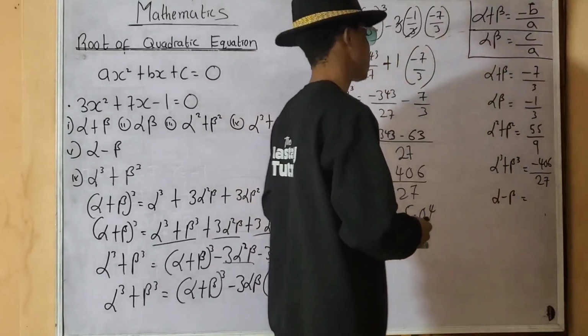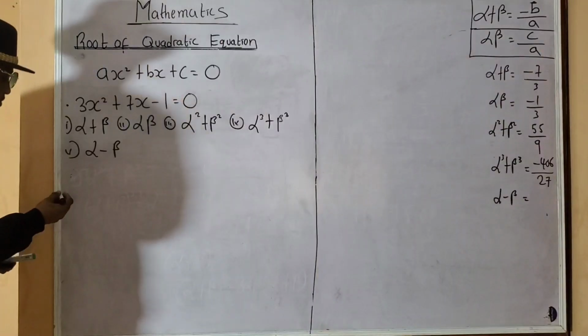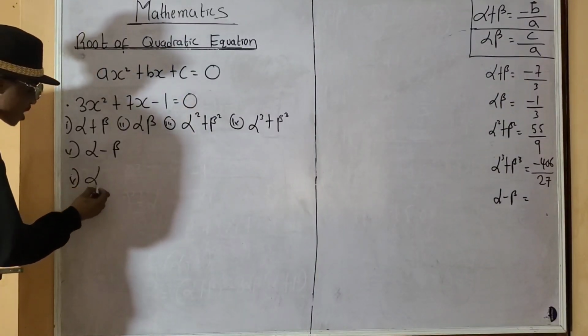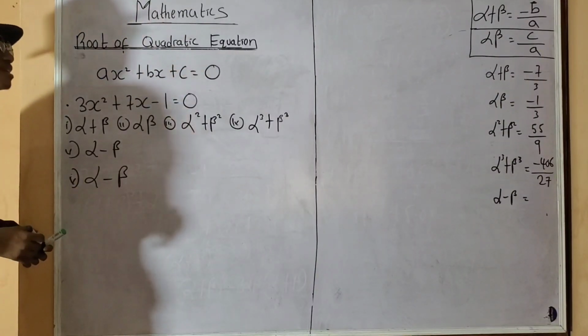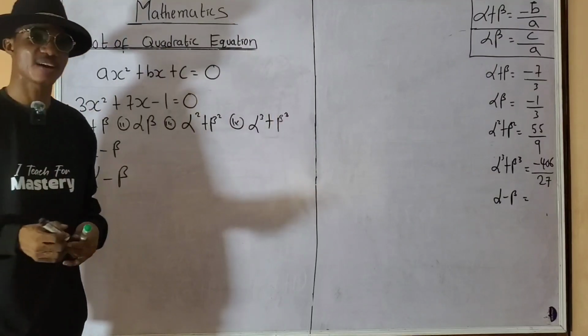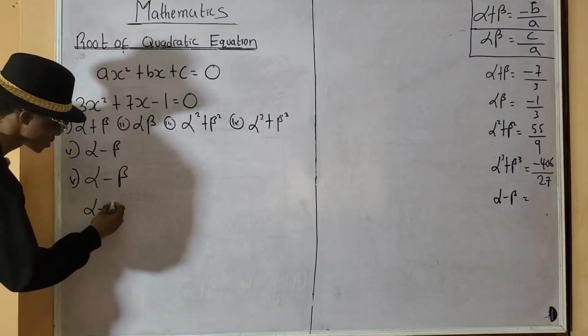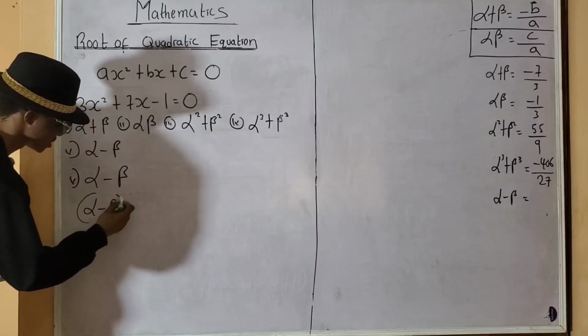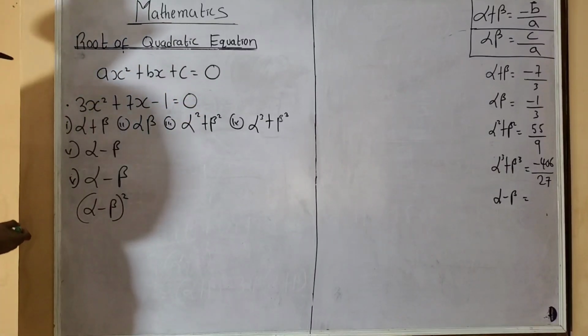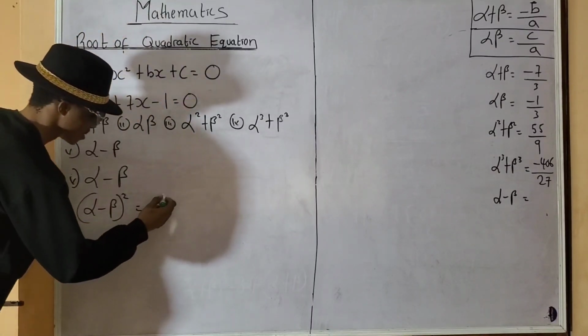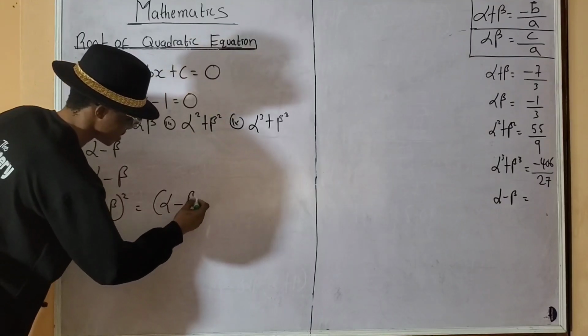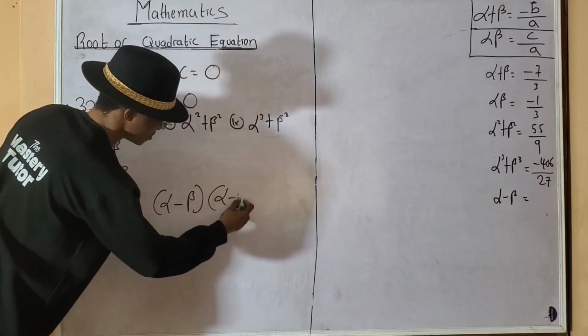Okay. Now let us proceed to the fifth question. For the fifth question, we are asked to find alpha minus beta. To get the value of alpha minus beta, we can obtain it from alpha minus beta squared. Do you understand? Okay. Now let us expand this. I'm going to have alpha minus beta multiplied by alpha minus beta.